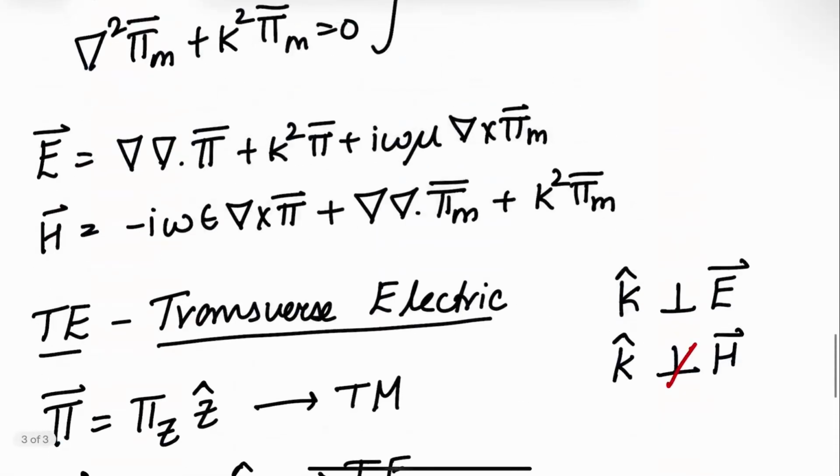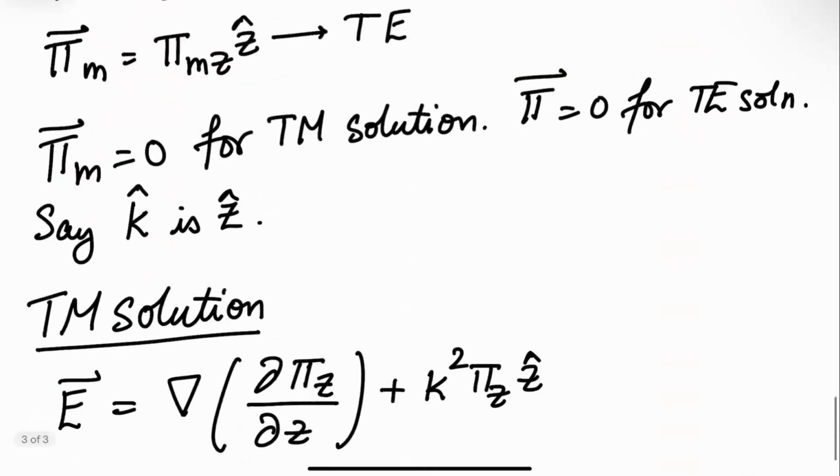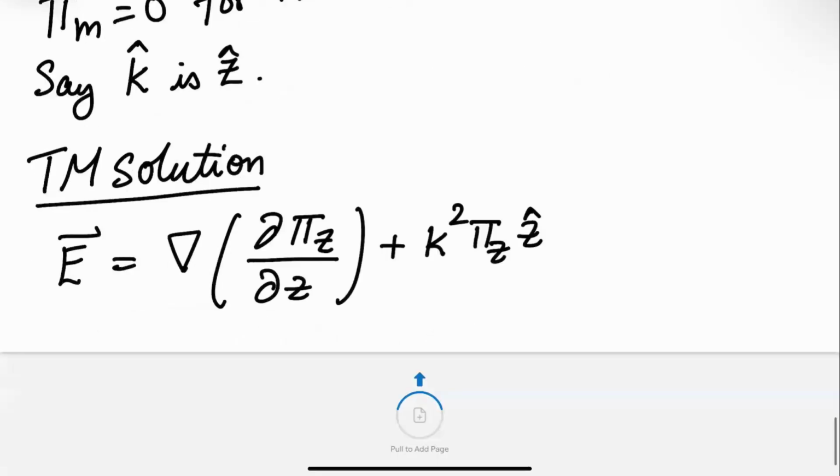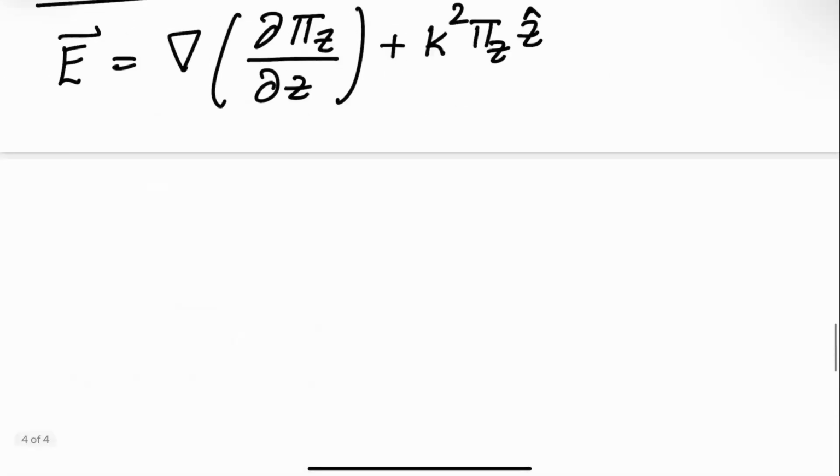And that is directly from this equation: the divergence of pi is just d over dz times pi z, the gradient of that, plus k square pi z. Okay, that's what I've written down here.